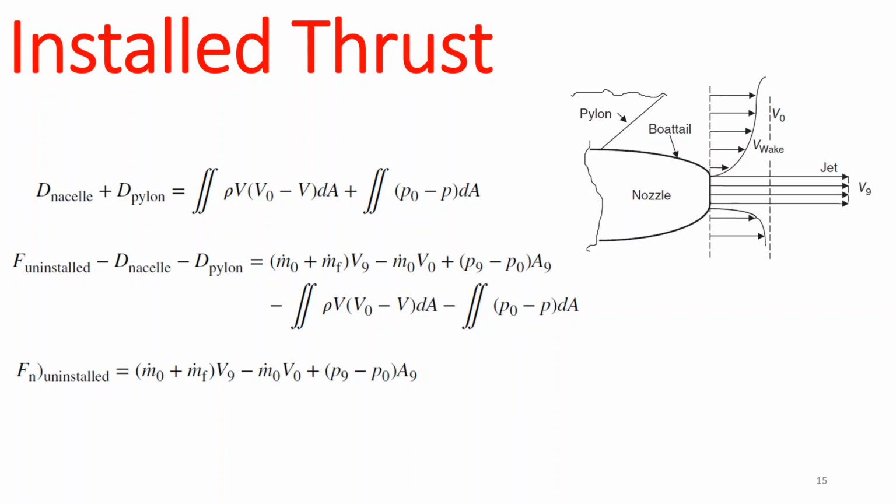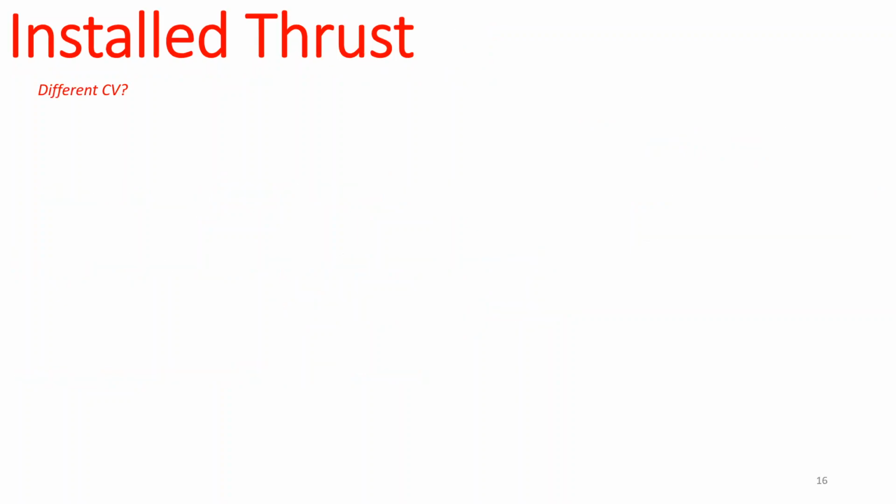You have to know the distribution, you have to know a lot of things, and you don't want to do that. So essentially, this tells us that in order to find the installed thrust, it is better to change the control volume, right? But what is going to happen when you change the control volume?